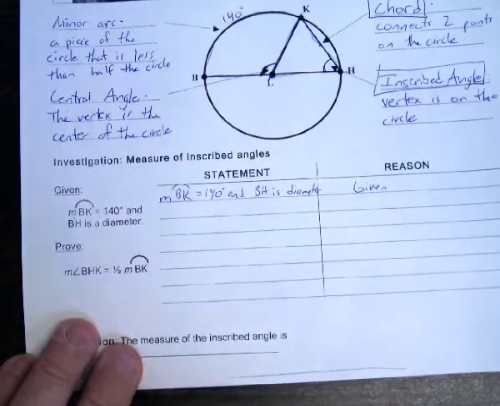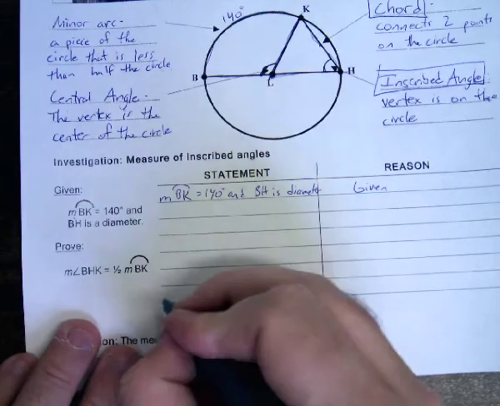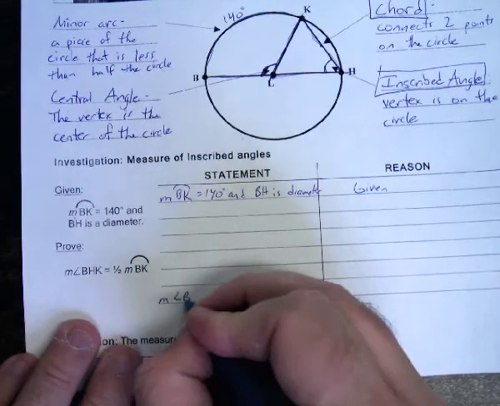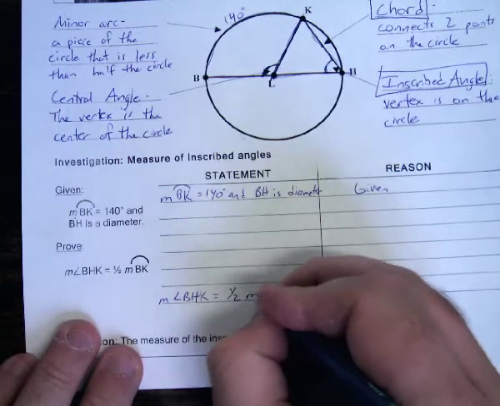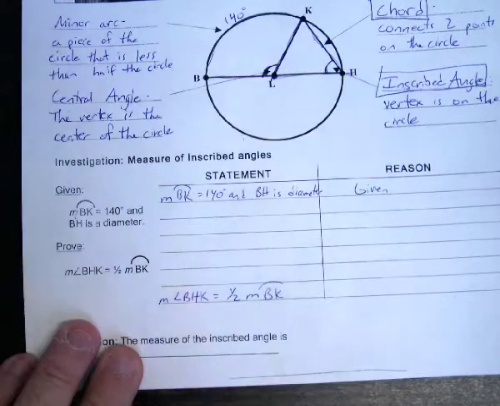So we write down the givens. You could write that on two separate lines if you wanted to. I was being greedy with my space. And we know that somewhere down here, the measure of angle BHK is equal to 1/2 the measure of BK. We don't know why, but we know that that's what we're going to prove.